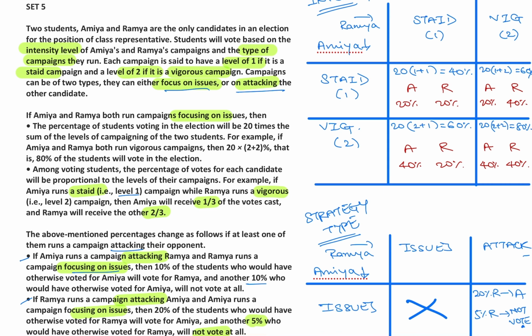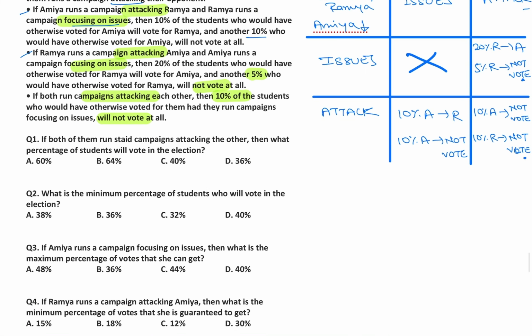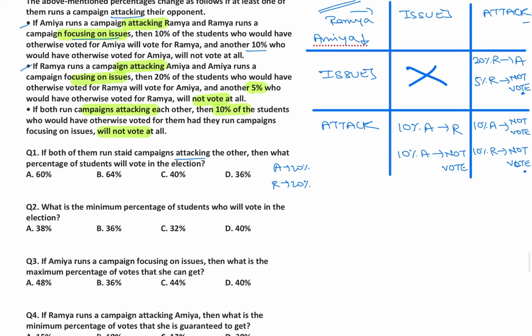I'll have 20% voters who will show up for A and 20% for R. So A will have 20%, R will have 20%, and they both are attacking each other. Then what will be the percentage of students who will vote?